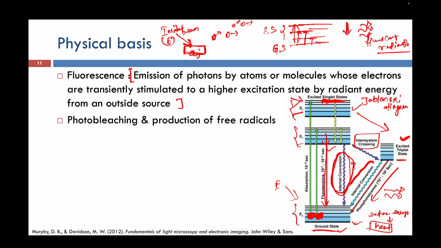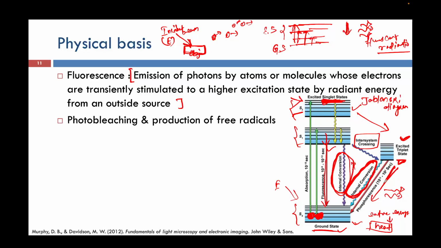Instead of giving radiation, the extra energy may go out of the system as heat. So this is also a possibility here. But then what is the difference between an electron coming from the excited triplet state to the ground state, and from the excited singlet state to the ground state? There is a difference of time, right?